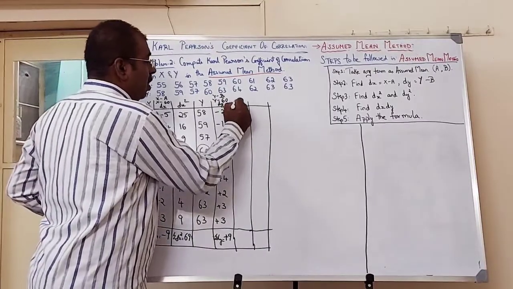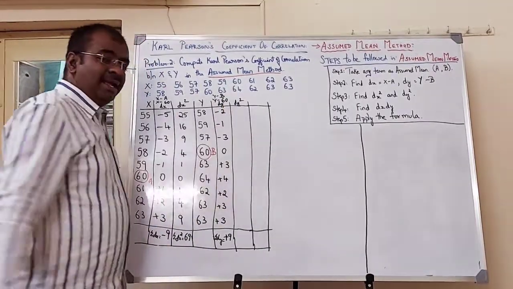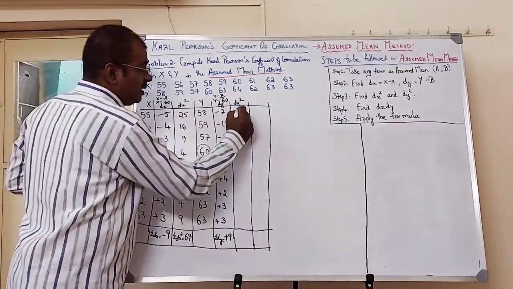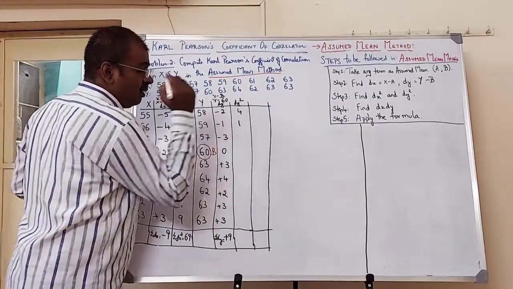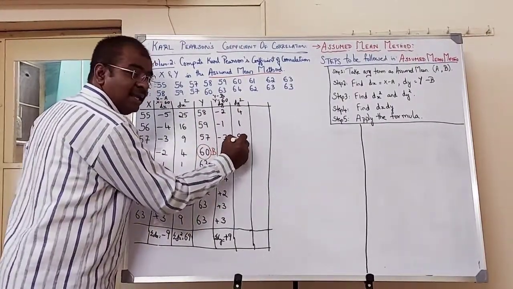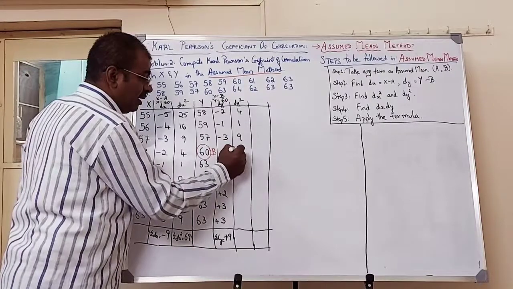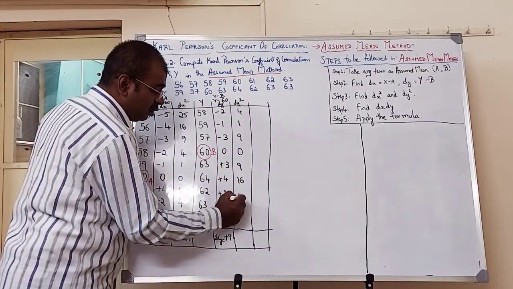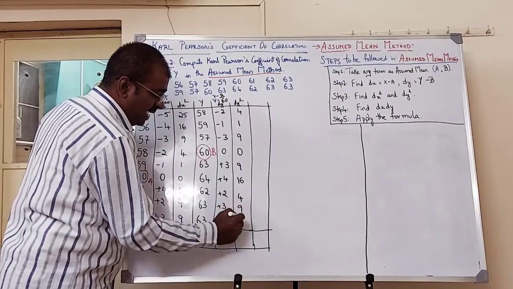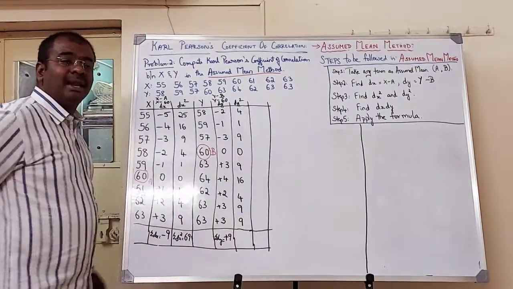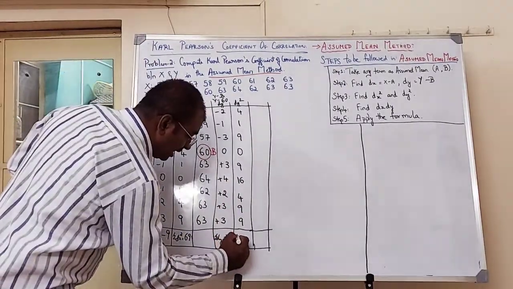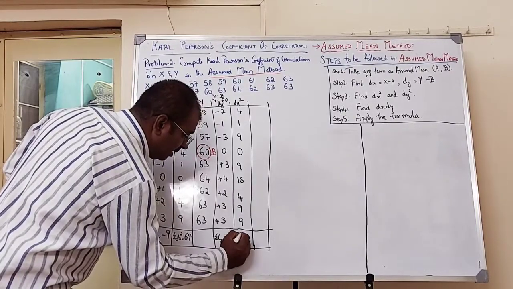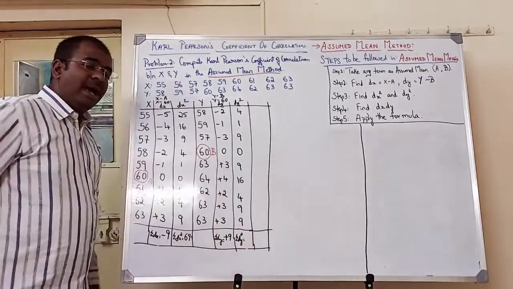Similarly, let us find out dy square. 2 squares 4, 1 square 1, 3 square is 9, 0 square 0, 3 square 9, 4 square 16, 2 squares 4, 3 squares 9, 3 squares 9. So next let us find out sigma dy square.